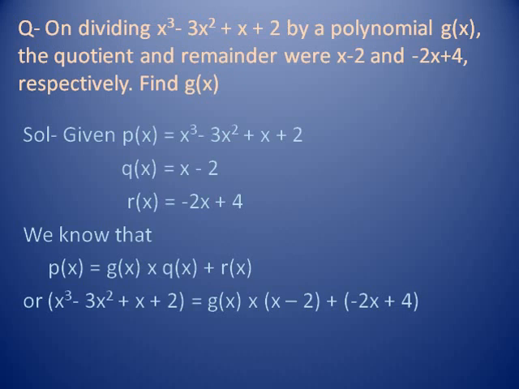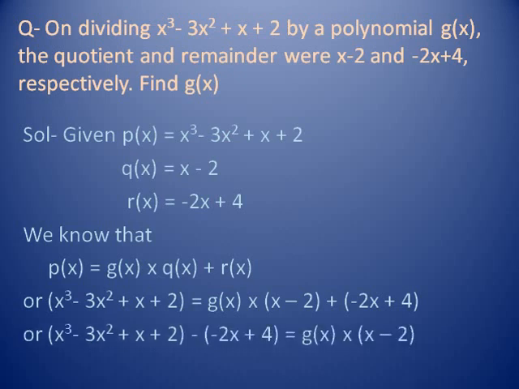So it will be subtracted from px. You can see here we are subtracting this remainder from px, that is x cube minus 3x square plus x plus 2 minus, in bracket, minus 2x plus 4, and on the right side what is left is gx into x minus 2.